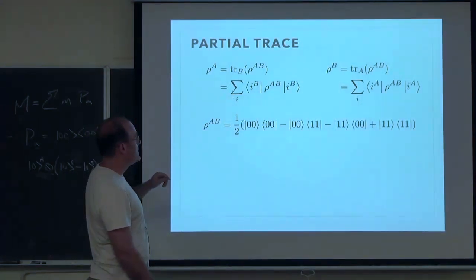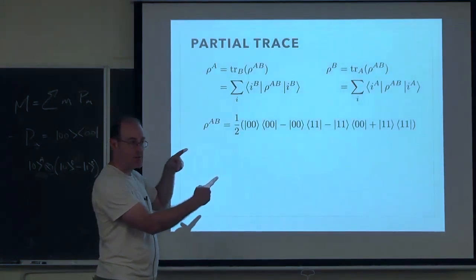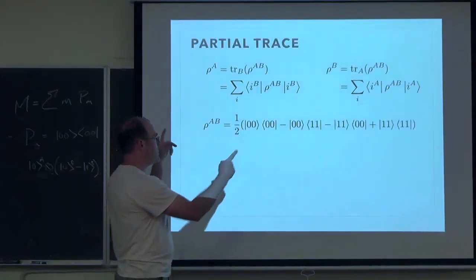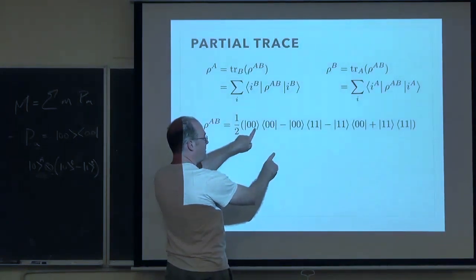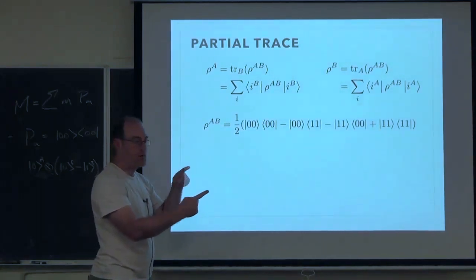So we come in with, let's say, the computational basis for B, to keep things easy, and then we add up all the things that we get out. If I come in with a 0, 0, like this, I'm getting that 0 and that 0, and each of these gives me a 1 in the inner product.